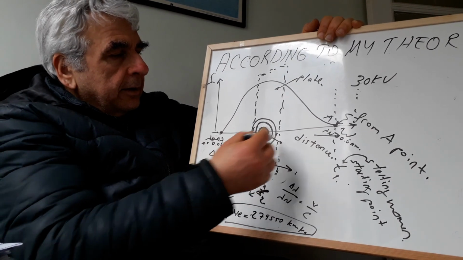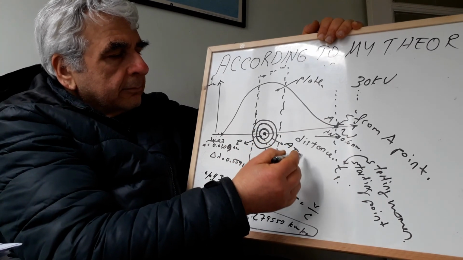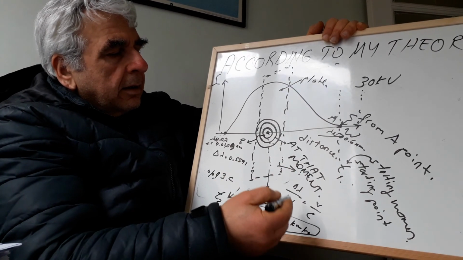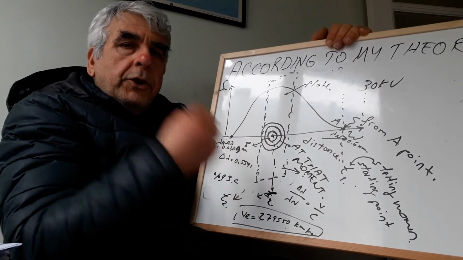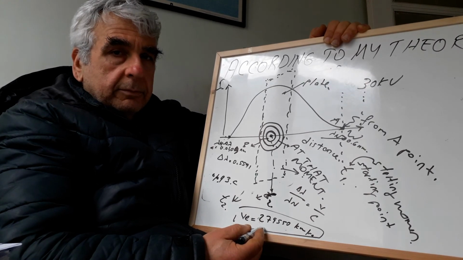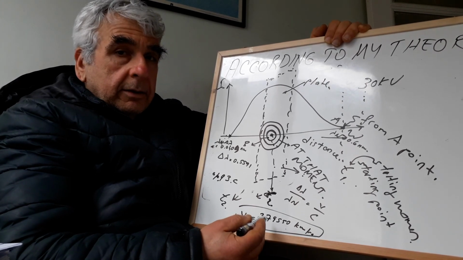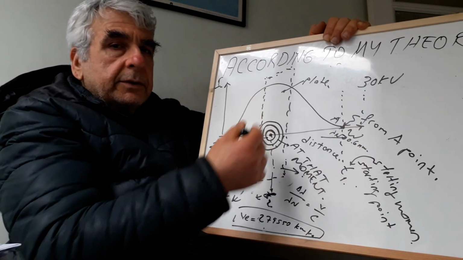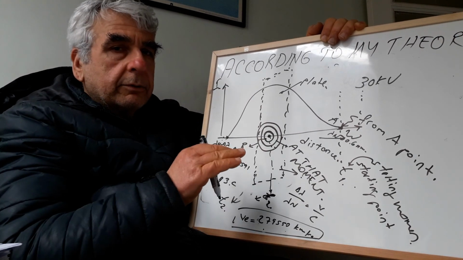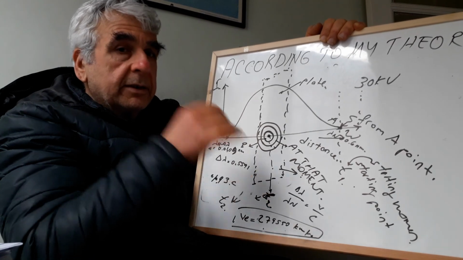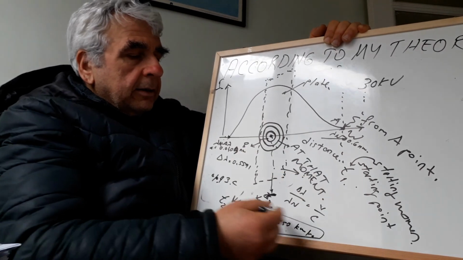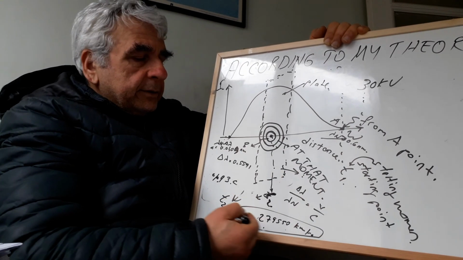And then at that moment, we will know the velocity of the electron motion form and where it is. At the same moment, simultaneously, we will know where the electron is and what its velocity is.